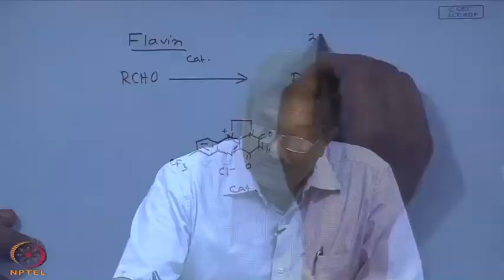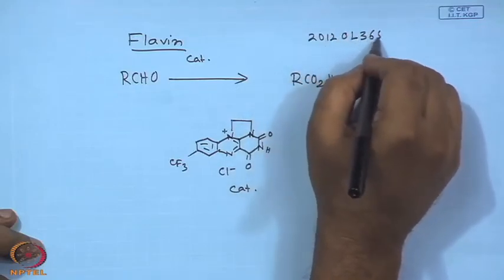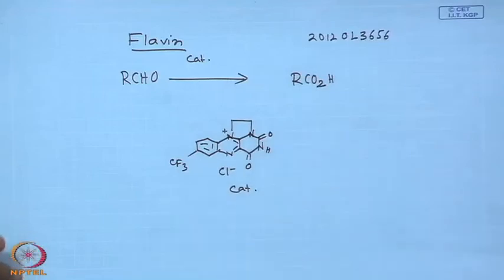It is a kind of green catalyst. We have hydrogen peroxide, which is a green reagent. There is no metal here, right? This has been published in 2012. There are other papers, but the latest one is this one. You can go and see it, it is quite interesting.